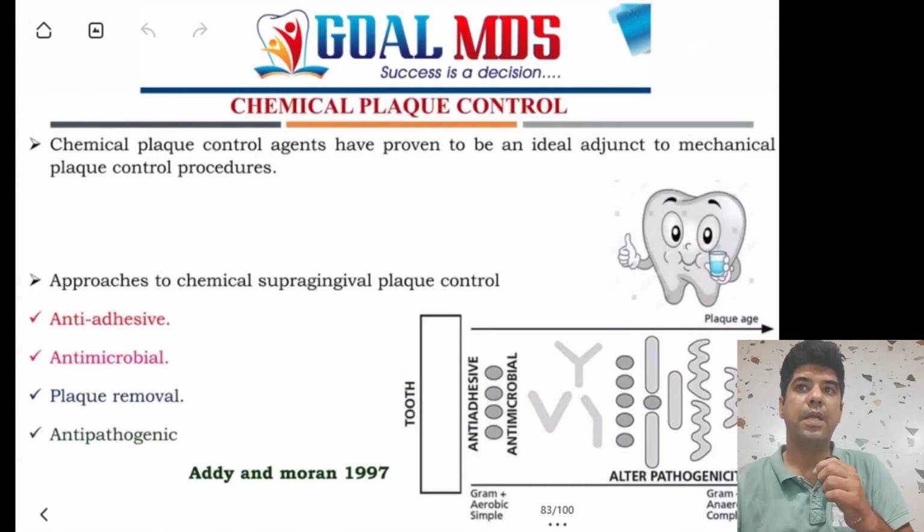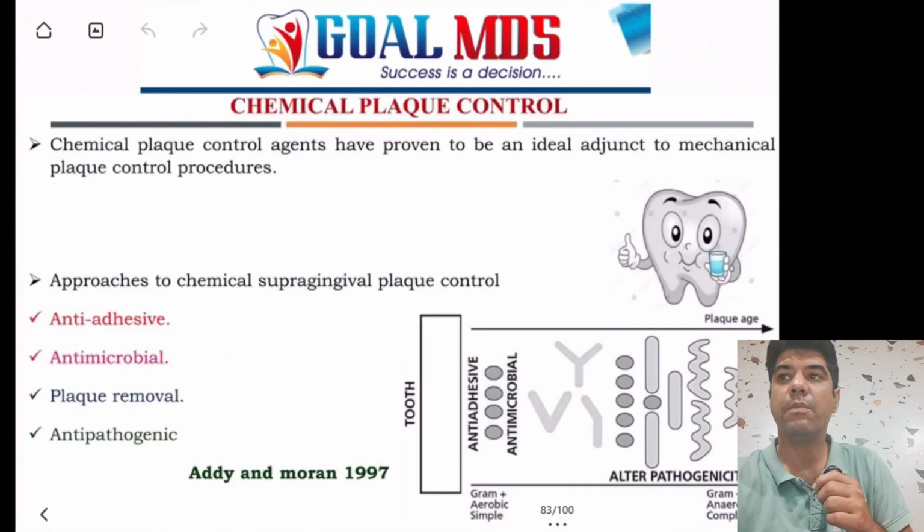Now, what are the chemical ways to control plaque? Let us discuss that. Chemical plaque control has been proven to be an ideal adjunct to the mechanical plaque control procedure. So, what are the approaches that cover chemical plaque control?